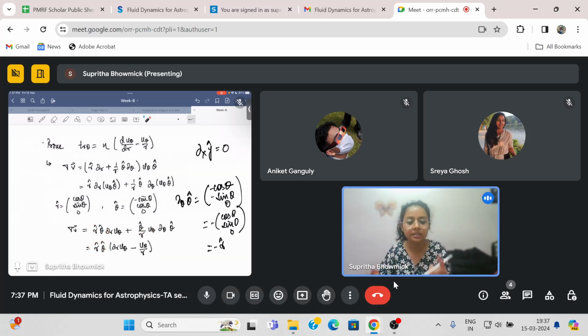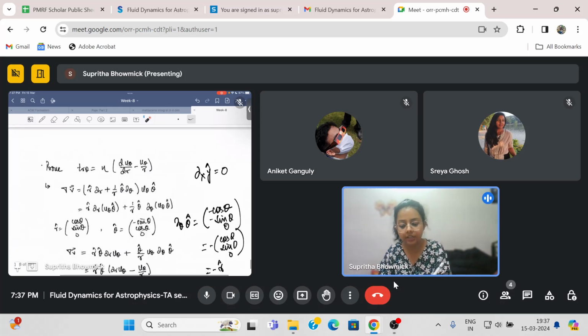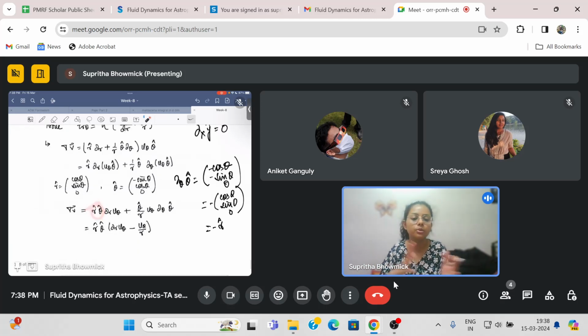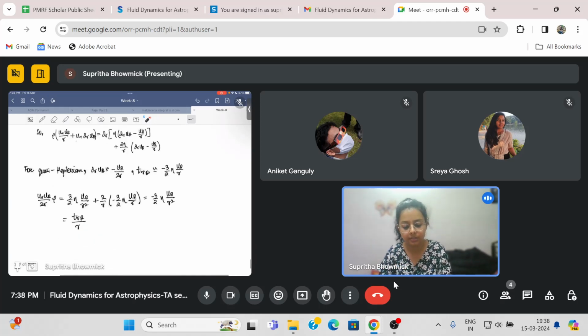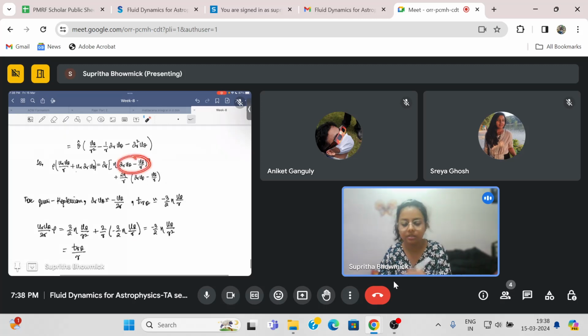This you expected because if you remember, we figured out that this is a symmetric tensor. We argued, I don't know, 6 or 7 weeks ago that this is a symmetric tensor. So you expect this r cap theta cap to be pulled out as common. What are you left with? Del r u theta minus u theta by r. This minus sign is coming from here. And this is exactly what we substituted in our previous equation as t r theta. What is this?